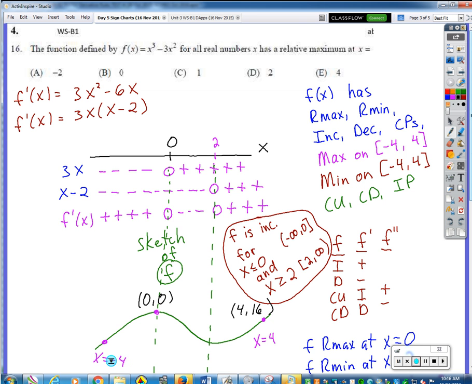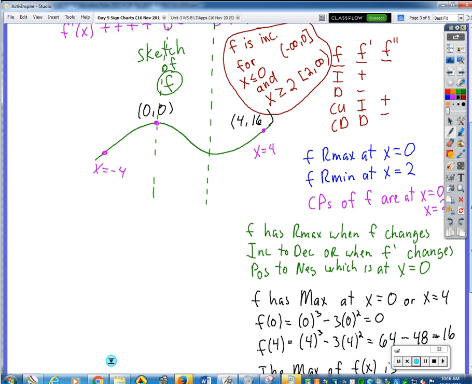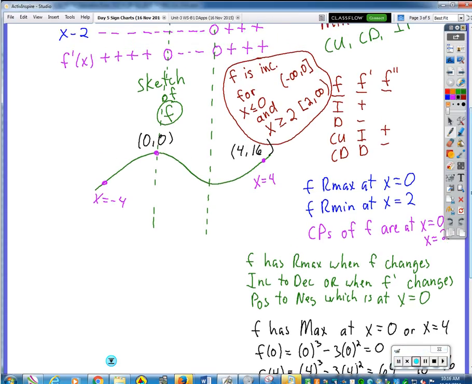Let's look at the picture here. We'll just do it fast. So, in fact, we'll write it over here. So F on -4 to 4, at x equal, let's check the whole room, please. Raise your hand if you can tell me at what x coordinate will F have its minimum value?